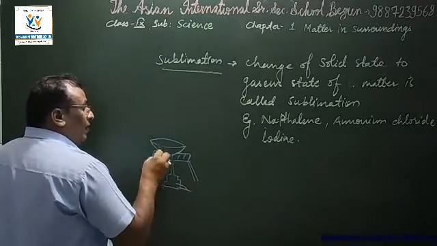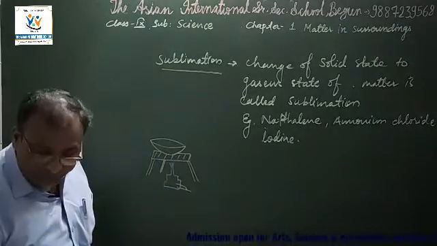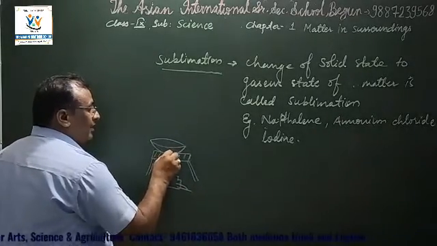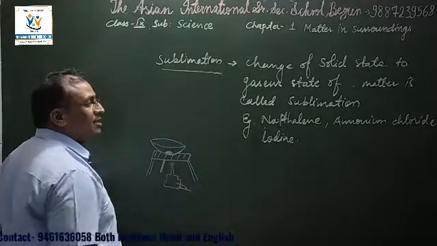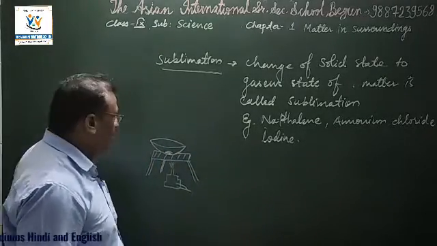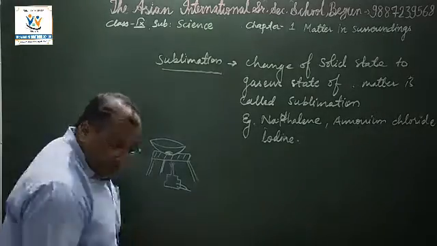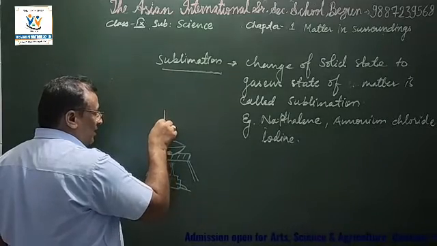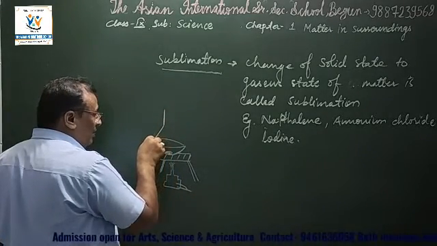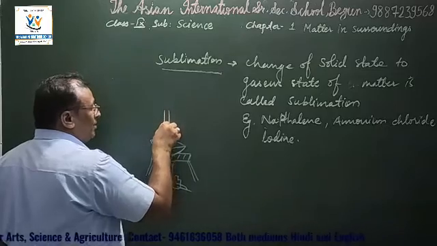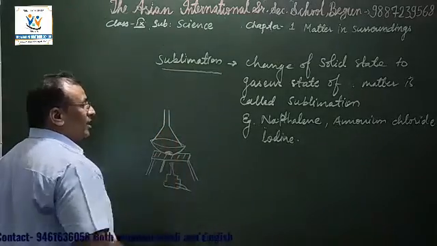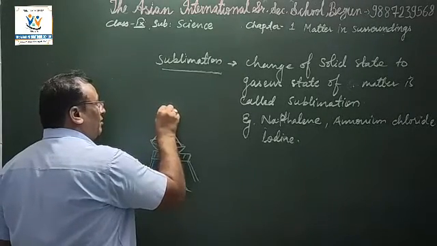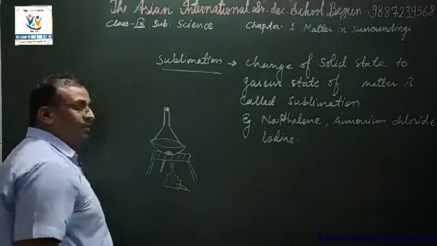You put a small amount of camphor on it, or we can say naphthalene. Kapoor, you have heard about it. You put one inverted funnel on it, and just close it with a cotton piece in this way.